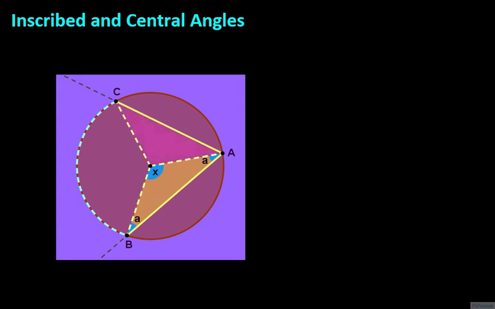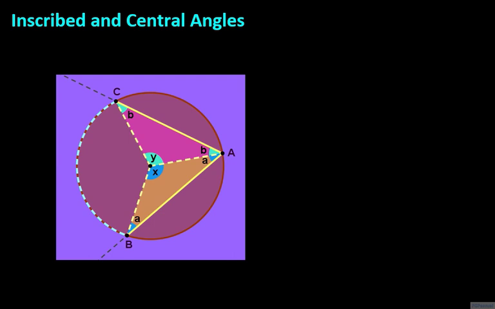Similarly, for triangle AOC, two of its sides are radii of the circle, and so are congruent. And therefore, triangle AOC is also isosceles, so that the base angles are congruent. We'll say that the measure of the base angles is little b, and that the measure of the apex angle is y.